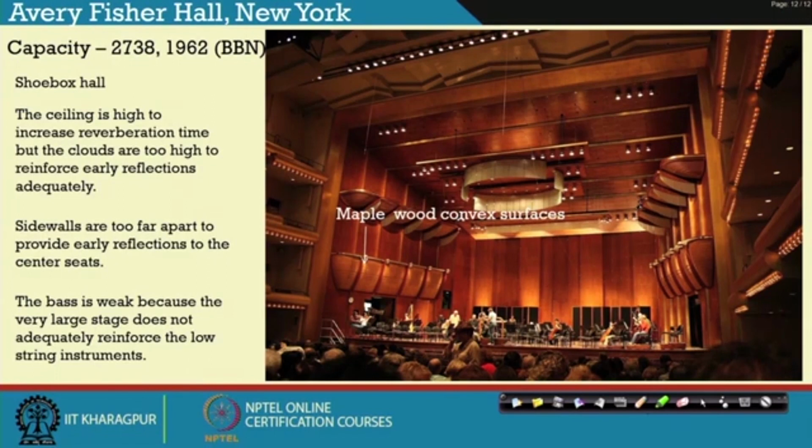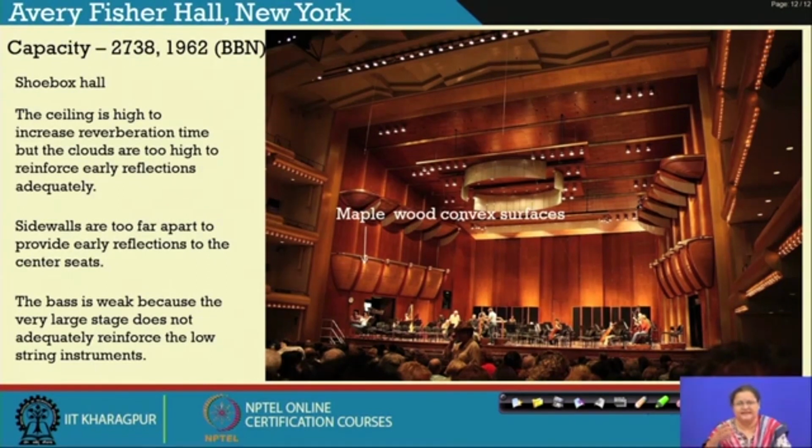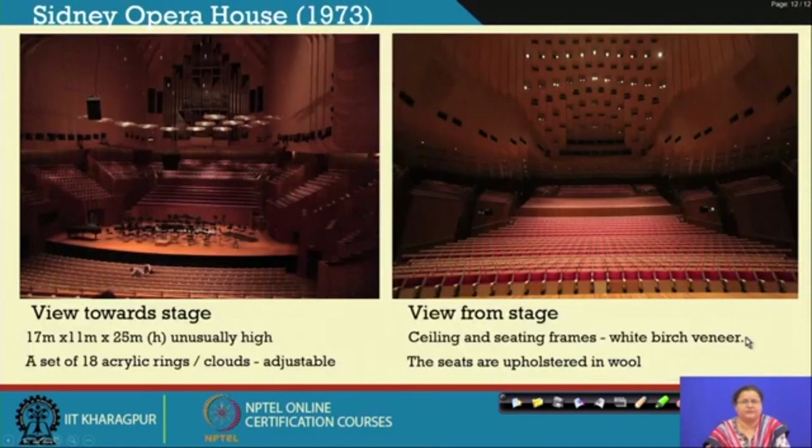But yes, later a lot of changes have been made and a lot of improvement has been done to achieve a better quality. We move to the next hall, which you all know, Sydney Opera House by John Utzon.